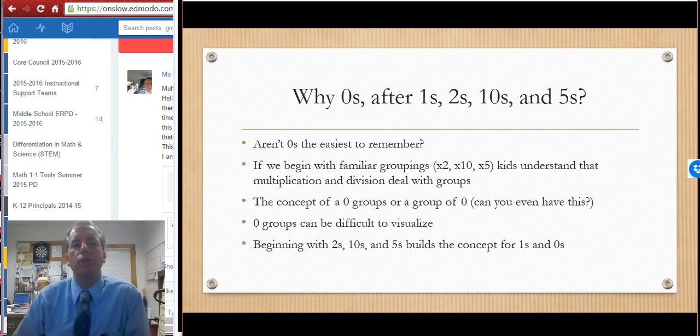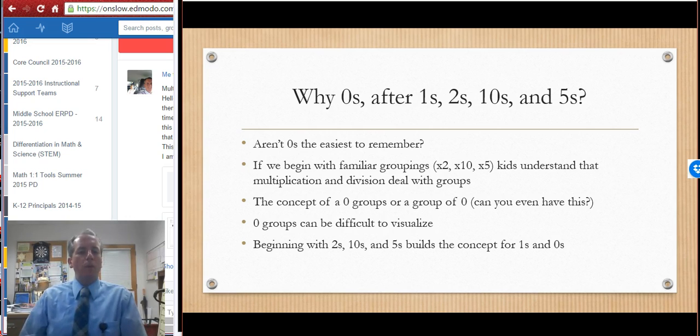We can show kids that they're being successful, and there's certainly some merit in the self-efficacy piece of just feeling successful. But it's probably better to hold off until we've got this grasp on 3 of the basic facts, the 2s, the 10s, and the 5s, and then we're able to talk about zeros a little bit more conceptually.